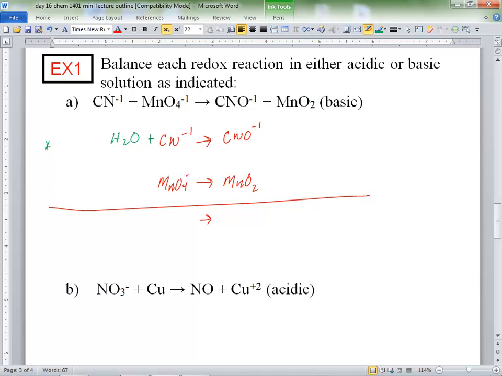Now balance the hydrogens by adding H+ to the appropriate side. How many H pluses do we have to add and where? 2 H pluses to the product side. I agree. Now our hydrogens are balanced. We have 2 H's on both sides.